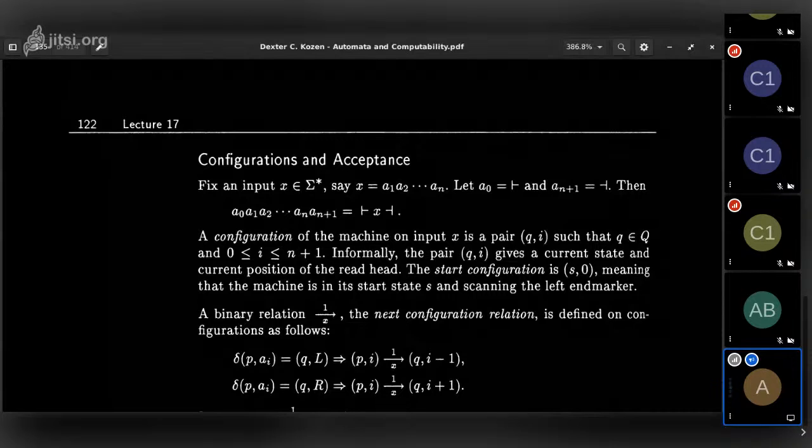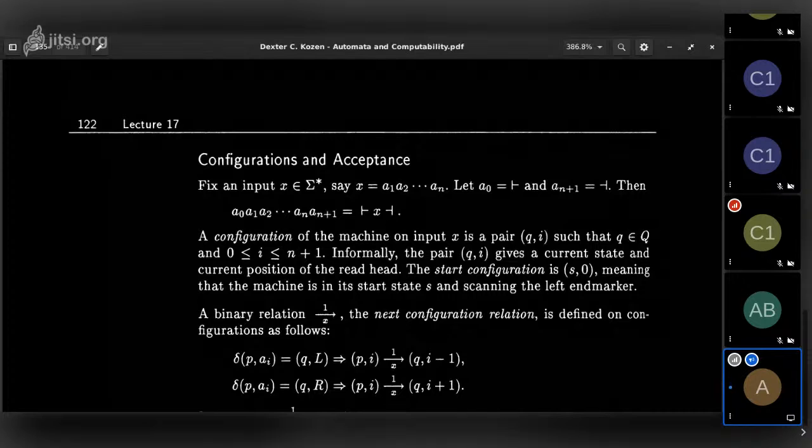If the movement is rightward, initially you are in p, i. In one transition on the input string x, you will move to q, i plus 1, the forward direction. So this indicates the position you are in.